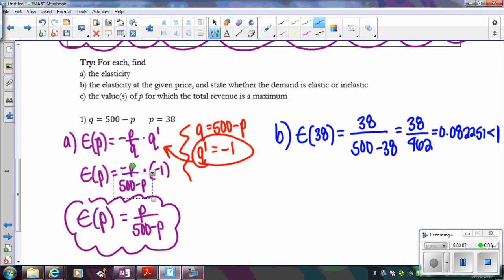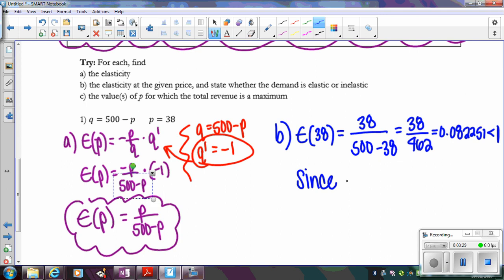Since I'm getting a number that's between 0 and 1, that means that my elasticity function is considered at this price an inelastic situation. So we call the demand inelastic. I'm going to write that.